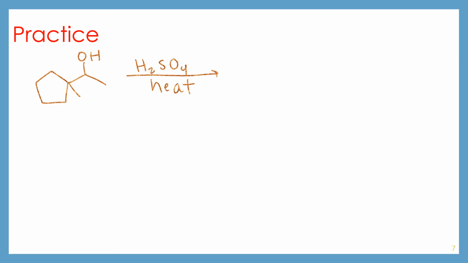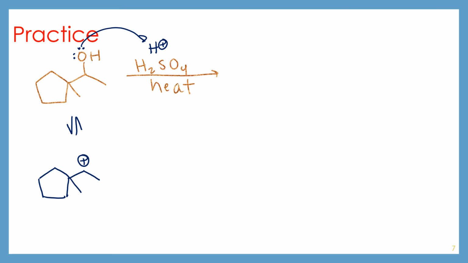Okay, welcome back. So the alcohol is going to pick up a proton from sulfuric acid. And this is a secondary carbocation. Anytime we make a carbocation, we always need to ask ourselves, is this the best carbocation I can make?